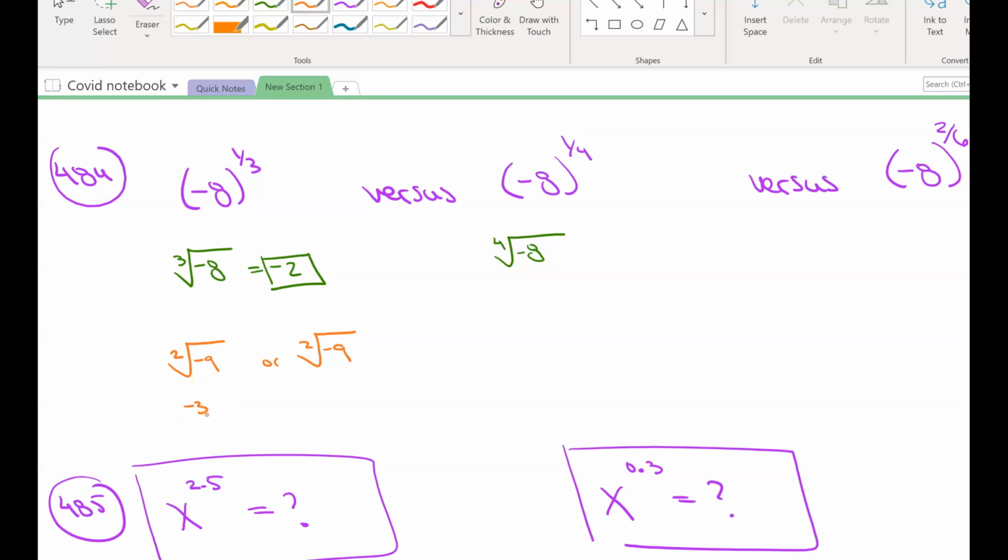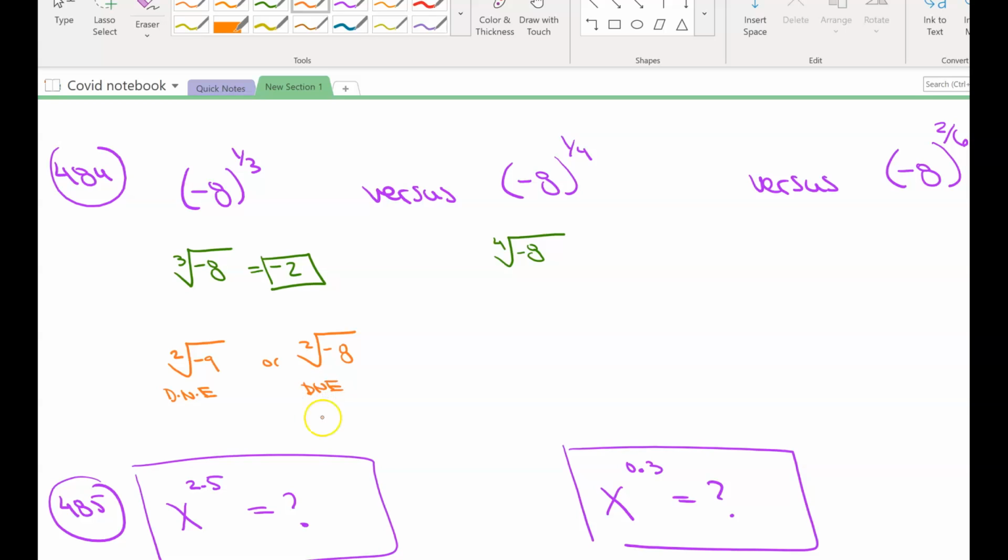But that's not true because -3 times -3 equals +9, not -9, okay? So the square root of -9 doesn't exist, okay? And the square root of -8 also does not exist.